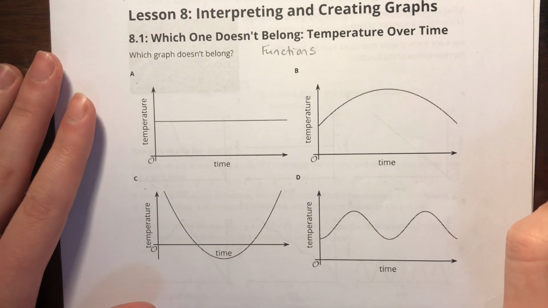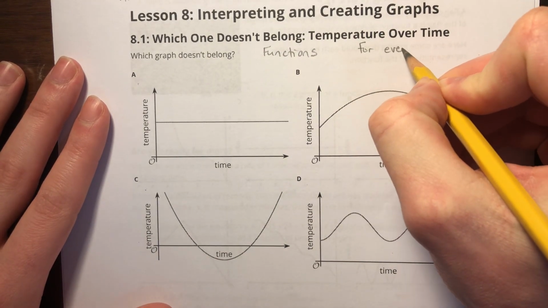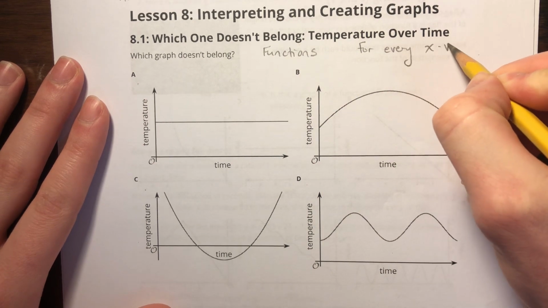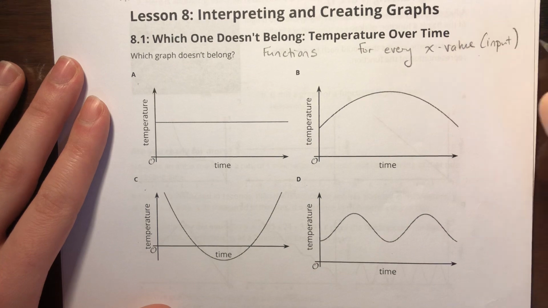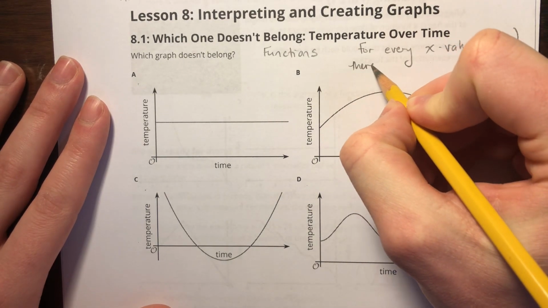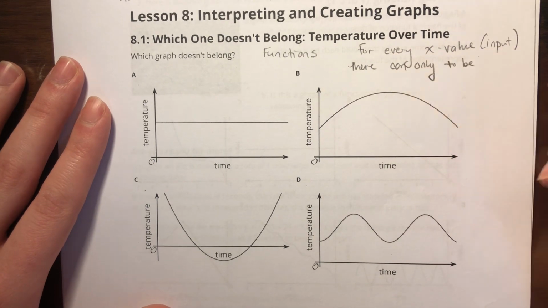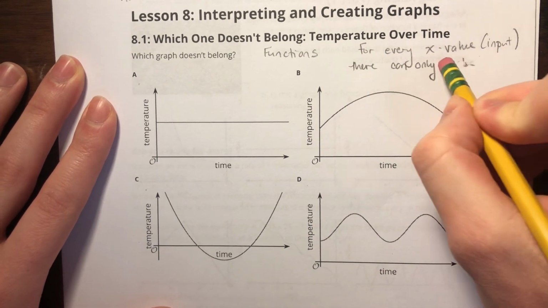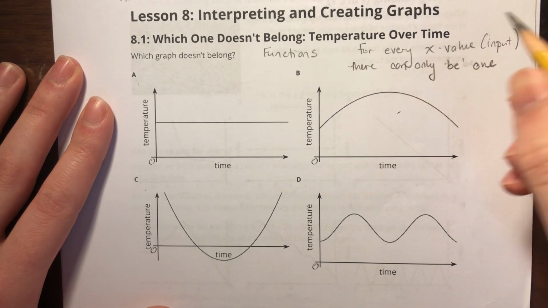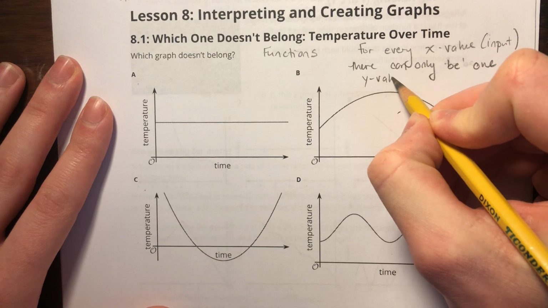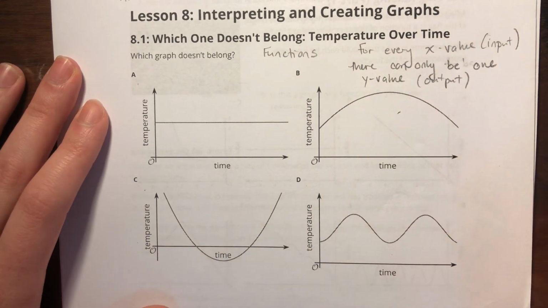Well, to be a function, for every x value or input, there can only be one y value or output. So what does that mean?